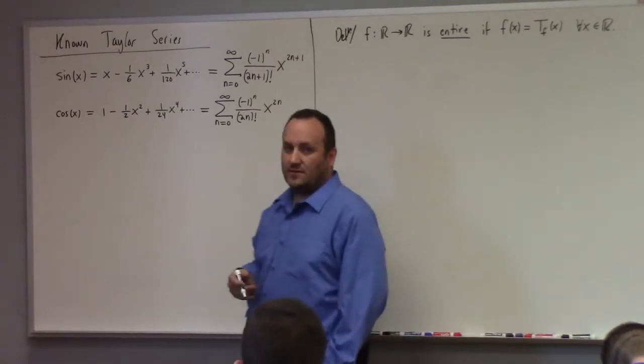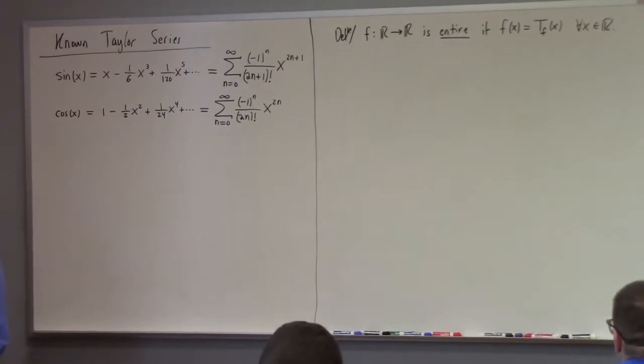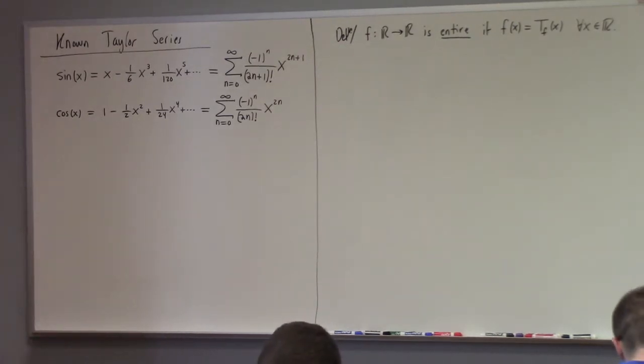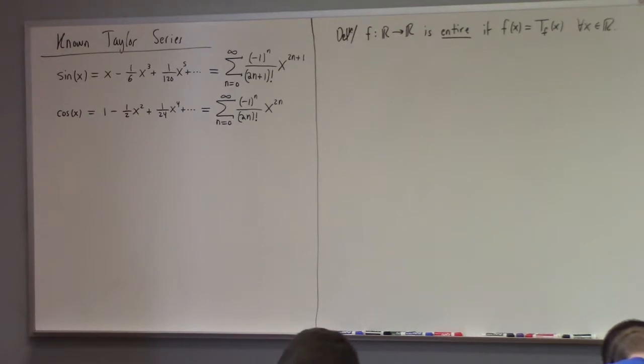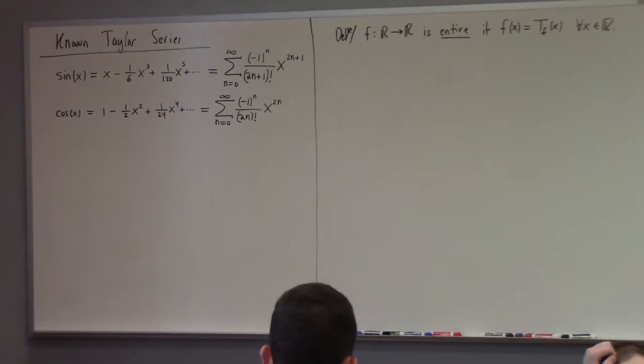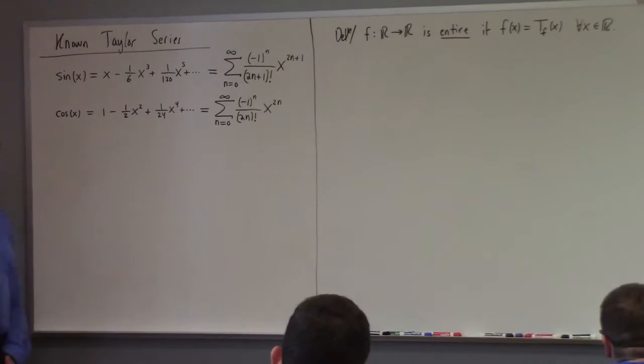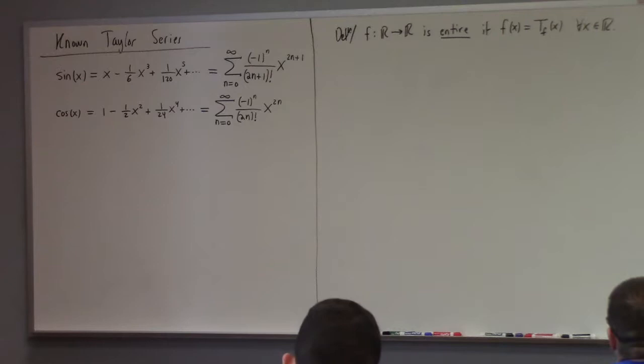To be more specific, you can pick any point you like, find the Taylor expansion of the function about that point, and it will reproduce the function by its Taylor series. So sine and cosine are both like this. If you look at the Taylor series centered around 0, the so-called Maclaurin expansion, it reproduces sine and cosine for the whole real line, for all inputs. Not all functions are entire, but sine, cosine, cosh, sinh, and the exponential are all entire.